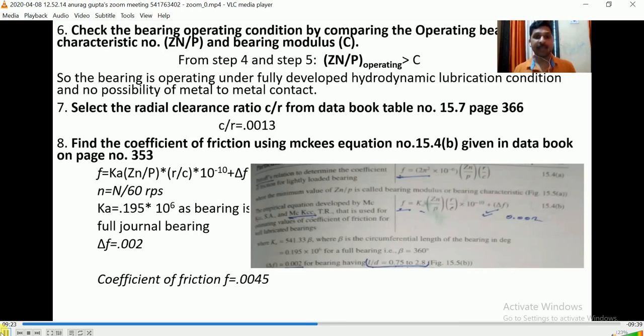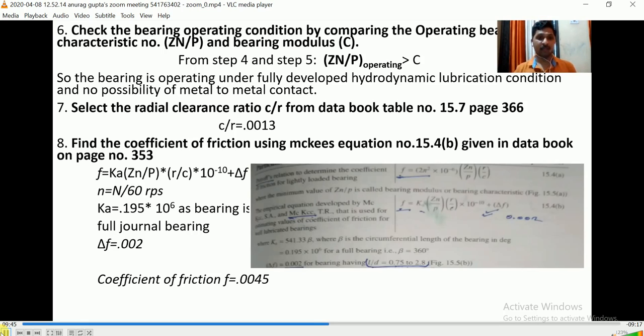Now the second step: he is asking for the amount of oil for artificial cooling, to remove the extra heat. So we have to find the requirement of artificial cooling.